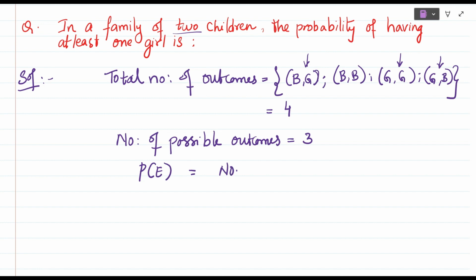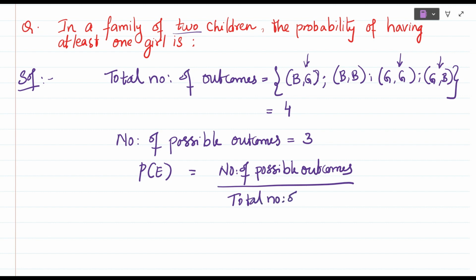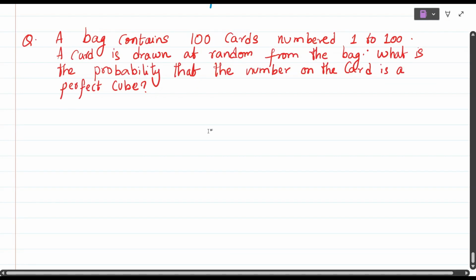Number of possible outcomes divided by total number of outcomes. This is the simple way of writing the formula I am explaining. Clear? You can write as they have given in your textbook also. Okay. So 3 by 4 will be our answer. If you want to convert into its decimal form, you can do. Okay. Did you understand, students?